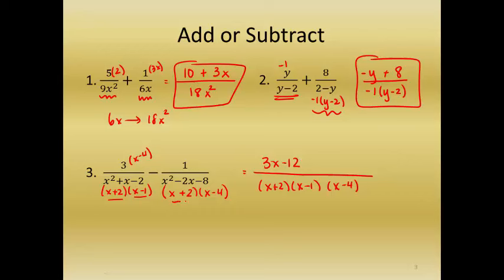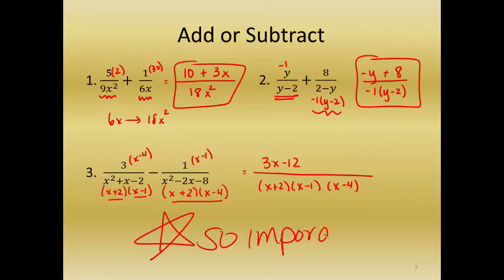The second one got adjusted because there's a factor of x minus 1 now. So I'm going to write that. However, this is so important. I am subtracting. Which means that I'm not distributing a 1 onto this quantity. I am distributing a negative 1, which means the parentheses are so important.